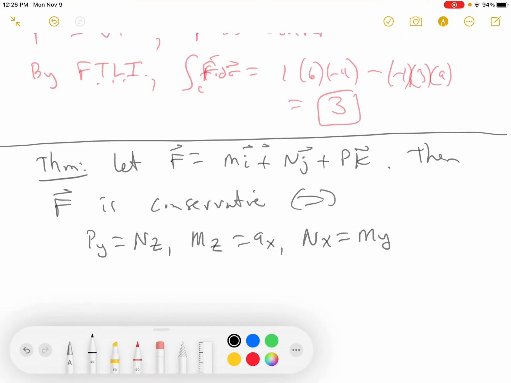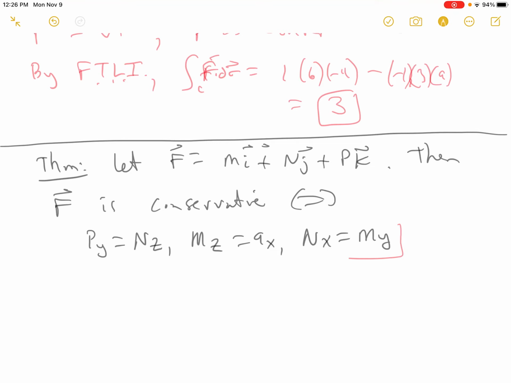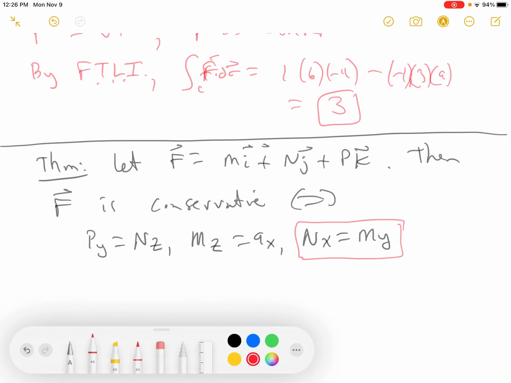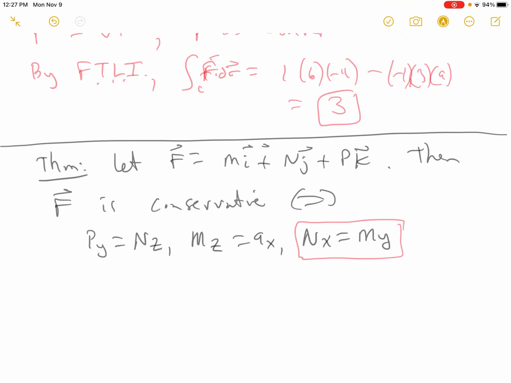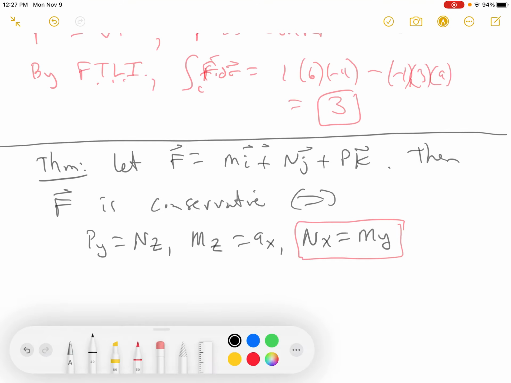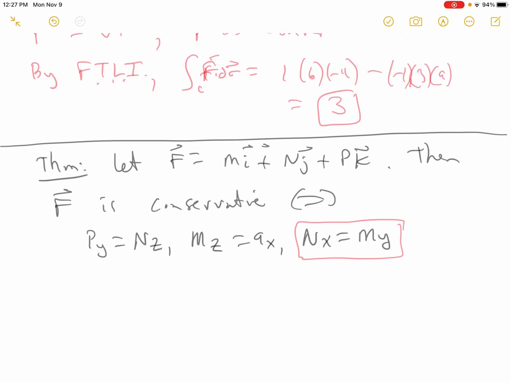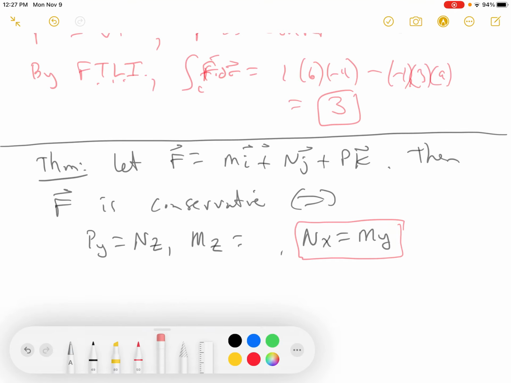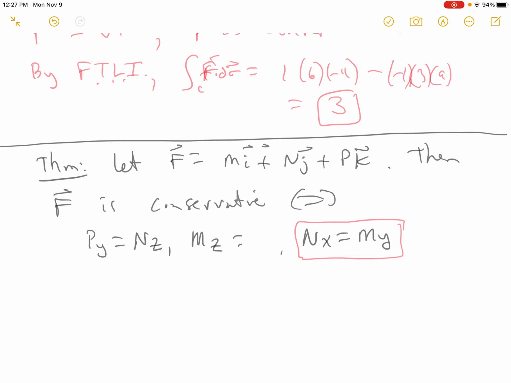Now those of you who took DFEQs with me will remember this. This has to do with exact equations, and if you read the book you'll see that we are in fact working with exact equations here. So that should be Mz equals Px.